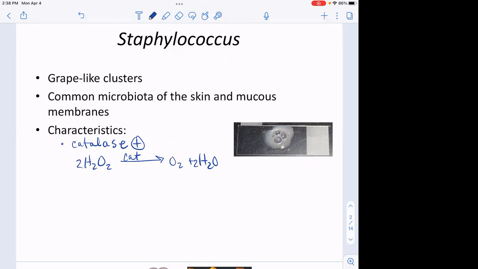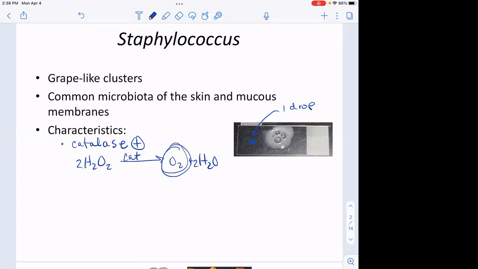In lab, when you're trying to see if your organism makes catalase, you rub a little bit on a slide, add a drop of hydrogen peroxide, and if it bubbles, if you see this oxygen come off, then you've got an organism that makes catalase. This is a really important test because it helps us distinguish the staph from the strep.